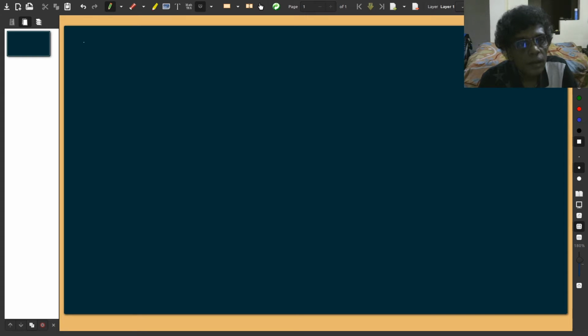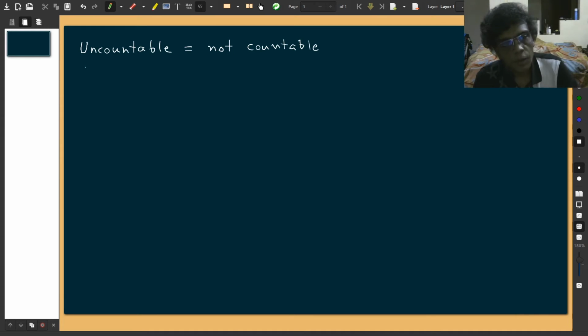A set which is not countable is called an uncountable set, which is the same as not countable. So there do exist uncountable sets. We will see several examples.